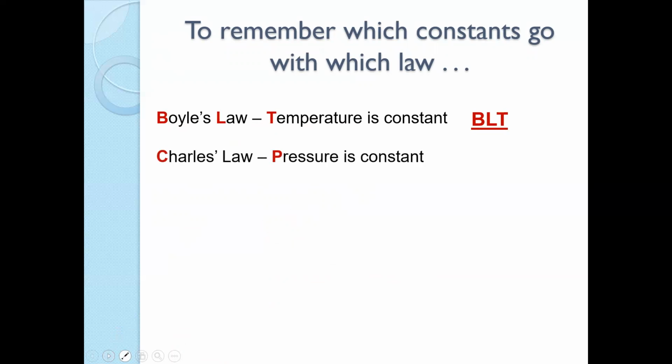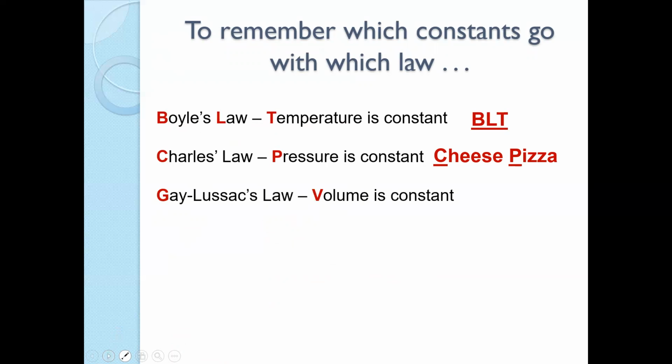For Charles's law, pressure is constant, so we can make a simple phrase like cheese pizza. So CP means Charles's law, pressure is constant. And for Gay-Lussac's law, volume is constant, and we can use a phrase like green veggies.